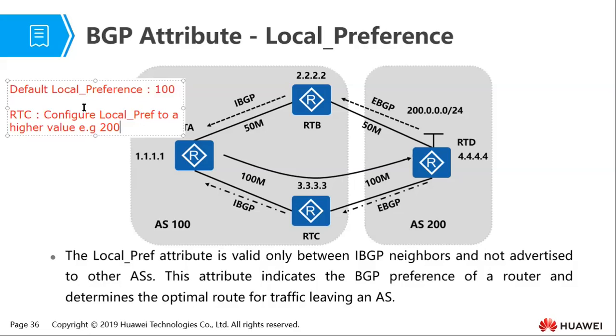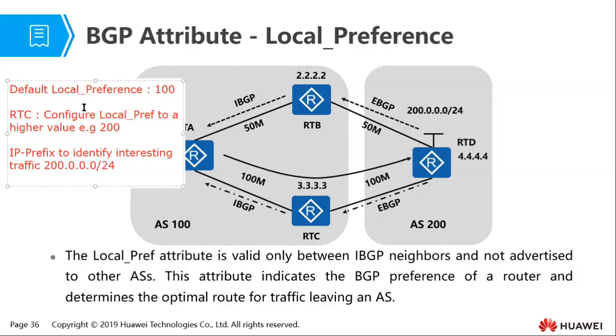How do we configure this local preference? We use an IP prefix to identify what we call interesting traffic. That is traffic that is destined to the network 200.0.0.0/24, like that.